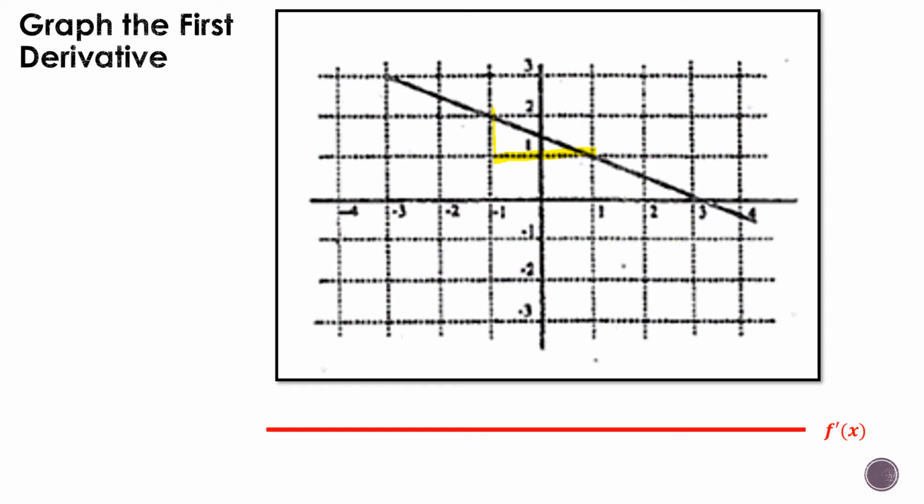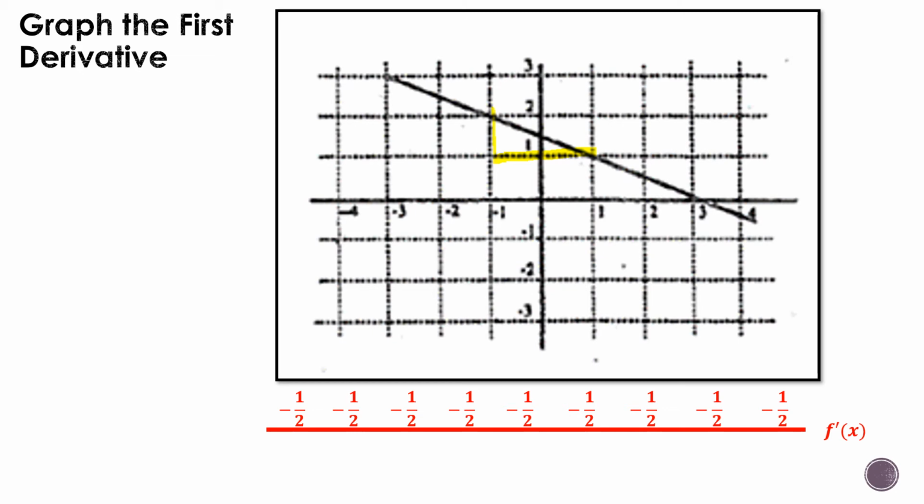So this function has a slope of negative 1/2. So instead of putting all negatives across my sign line, I'm putting all negative 1/2 because I can be more specific since it's linear.